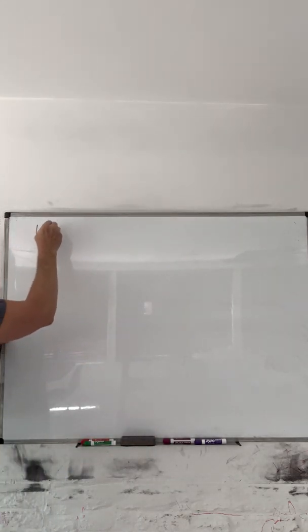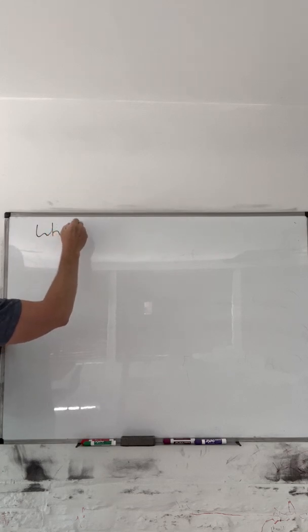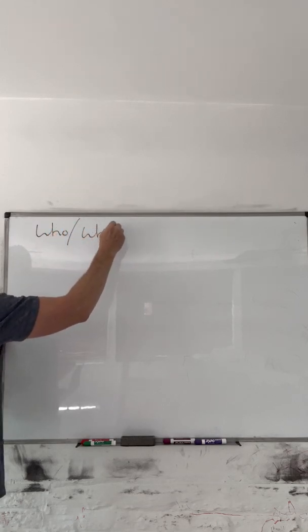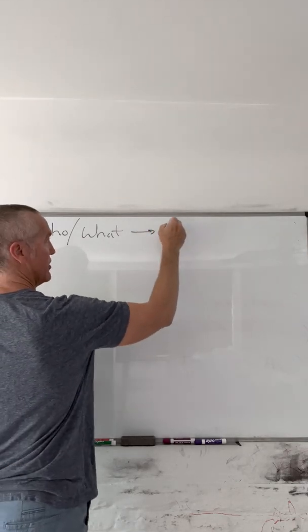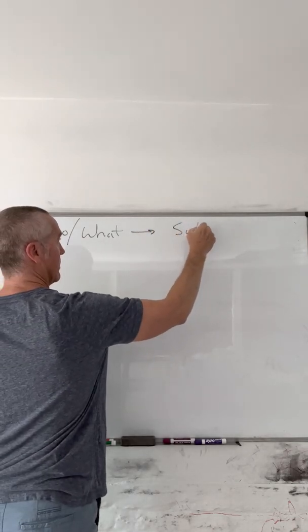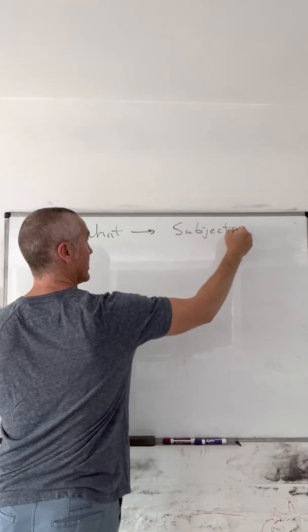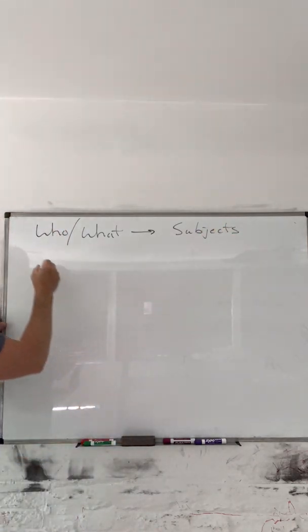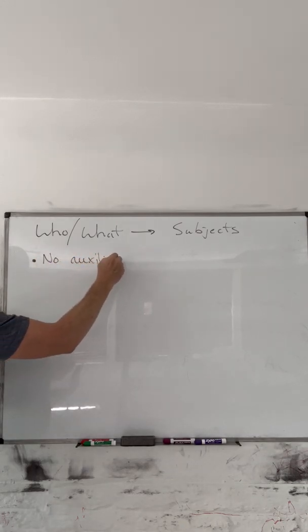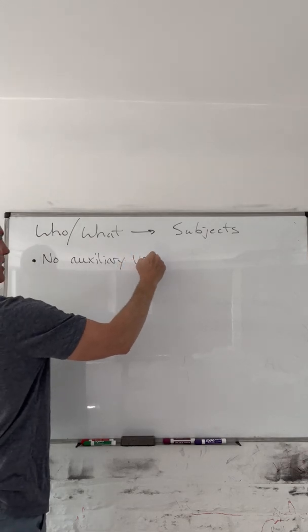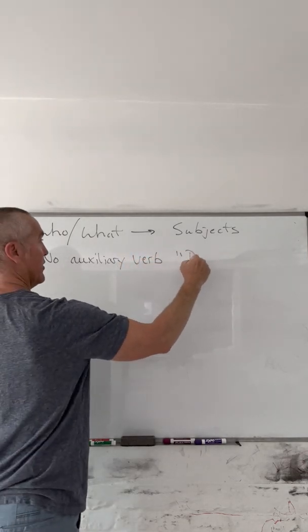Sometimes the question word who or what can function as a subject. And when they function as subjects, we'll make a couple of notes here. First of all, there is no auxiliary verb do.